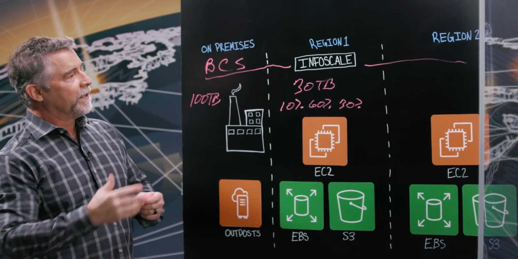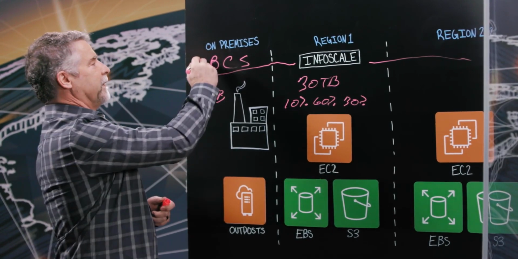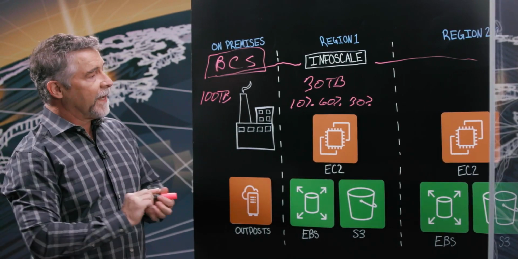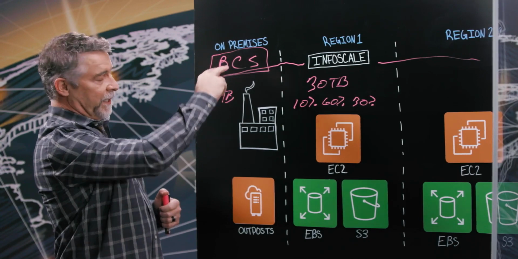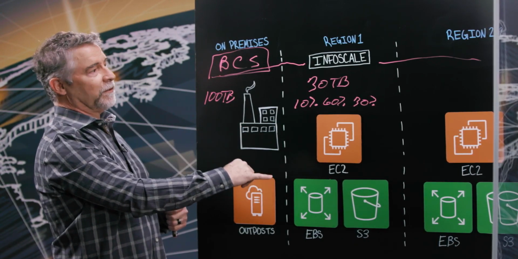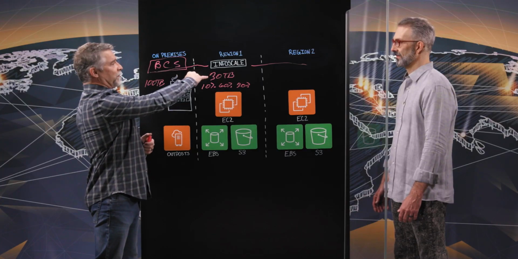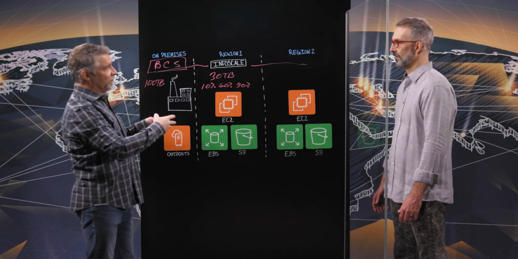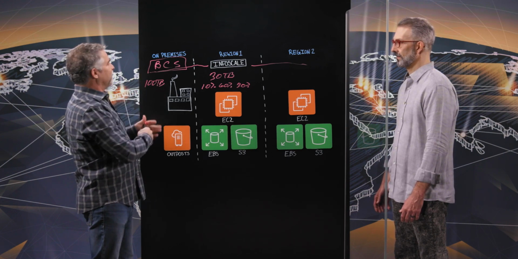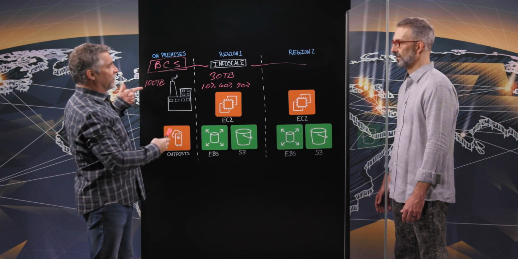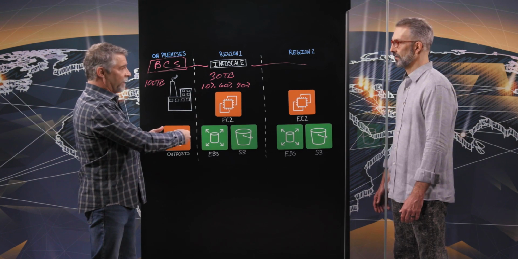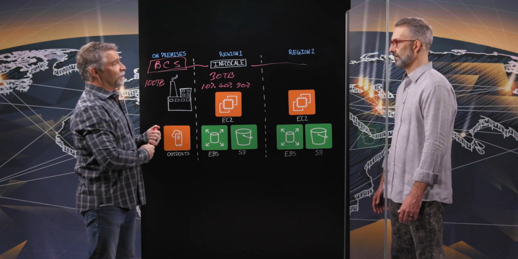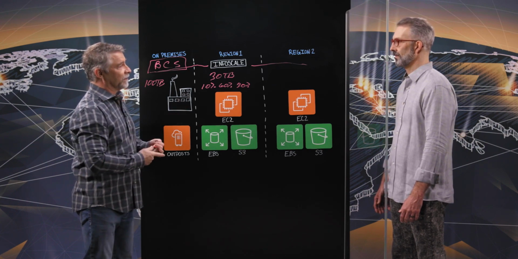So since our intelligence within InfoScale really sits at this business critical service or application level, we understand the relationship between the application and the data sets that are being consumed on that clustered file system that supports any type of storage on the back end. We're able to understand the relationship of that storage to the application. So in the event that there are any inconsistencies in terms of replication, you have a failure, you immediately want to cut things off from writing to those data sets to avoid corruption. That's what InfoScale delivers. Got it.